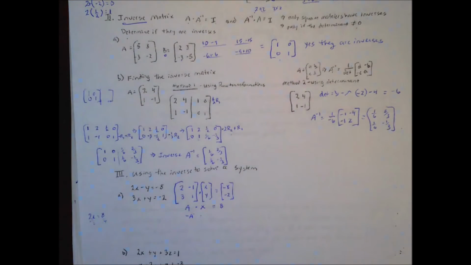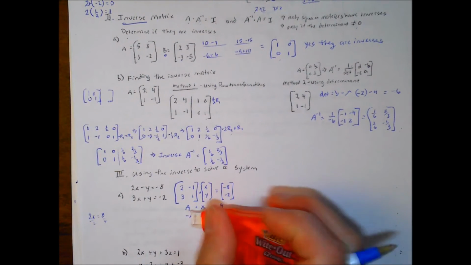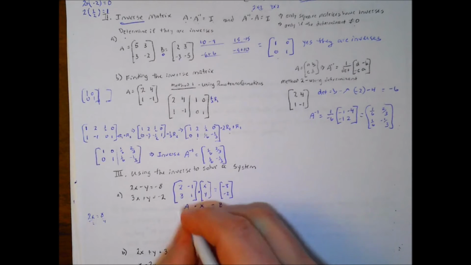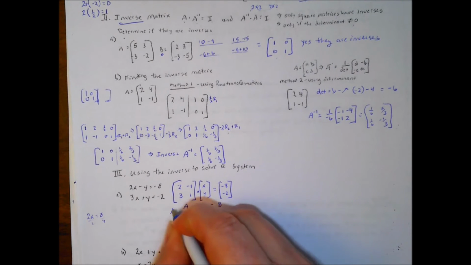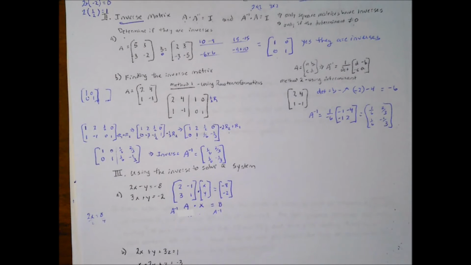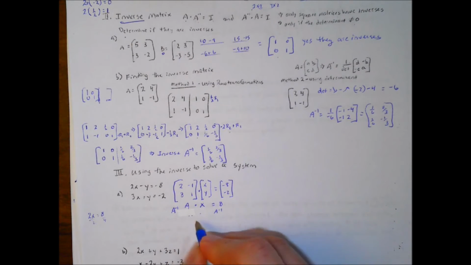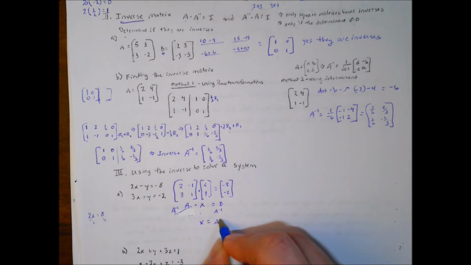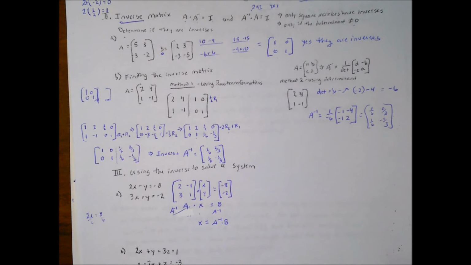We're going to multiply this side by A inverse, and we're going to multiply this side by A inverse. A and A inverse cancel out, so I just have the equation X is equal to A inverse times B. So I have to find the inverse of this one, multiply it by this, and it'll give me what x and y are equal to.